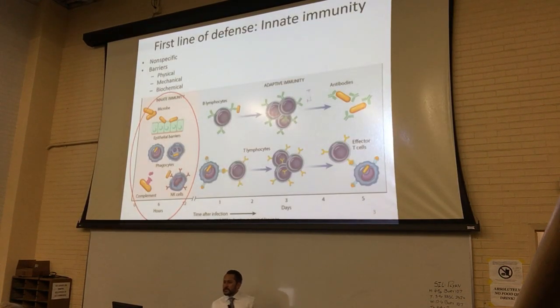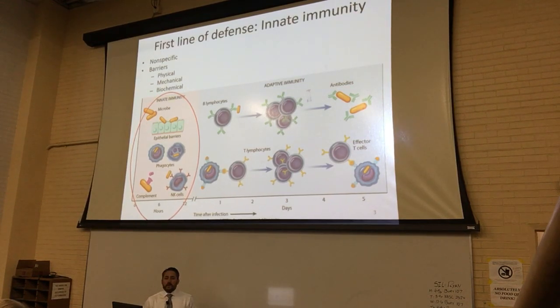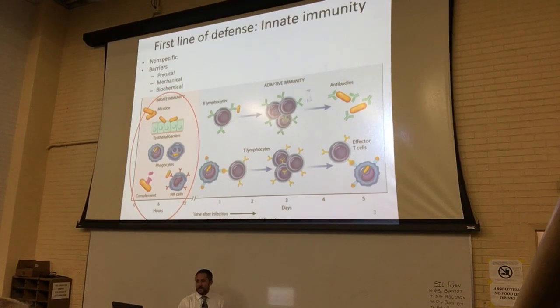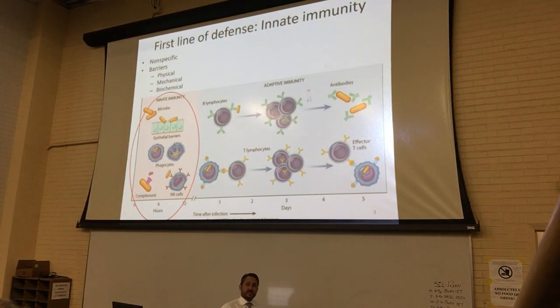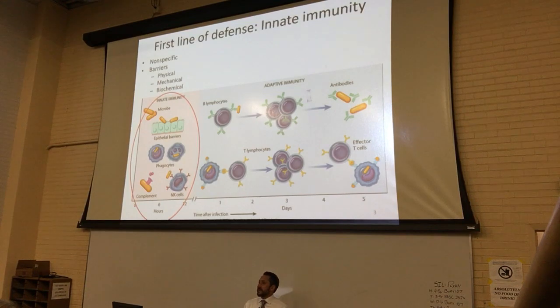So the first line of defense is our innate immunity, and these are non-specific. Inflammation is considered part of this innate immune system. We've got non-specific barriers, like the skin, mucous membranes, hair.